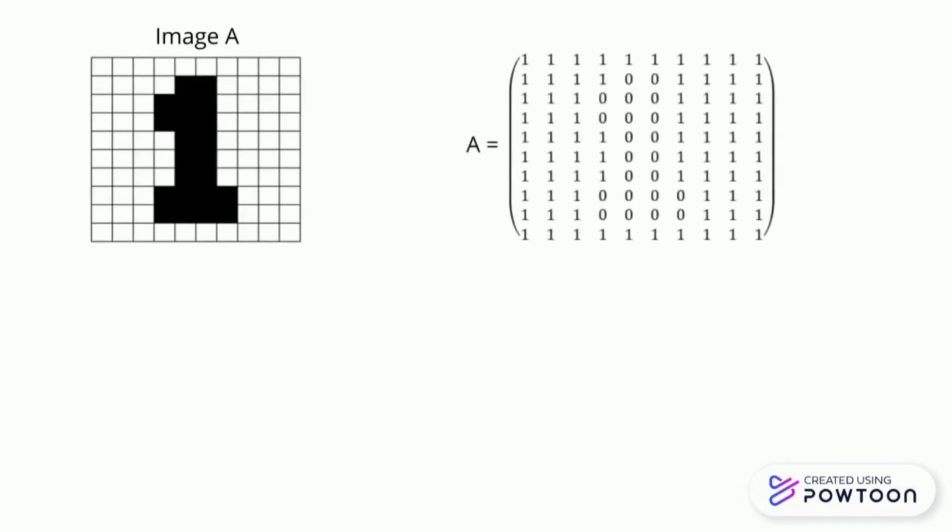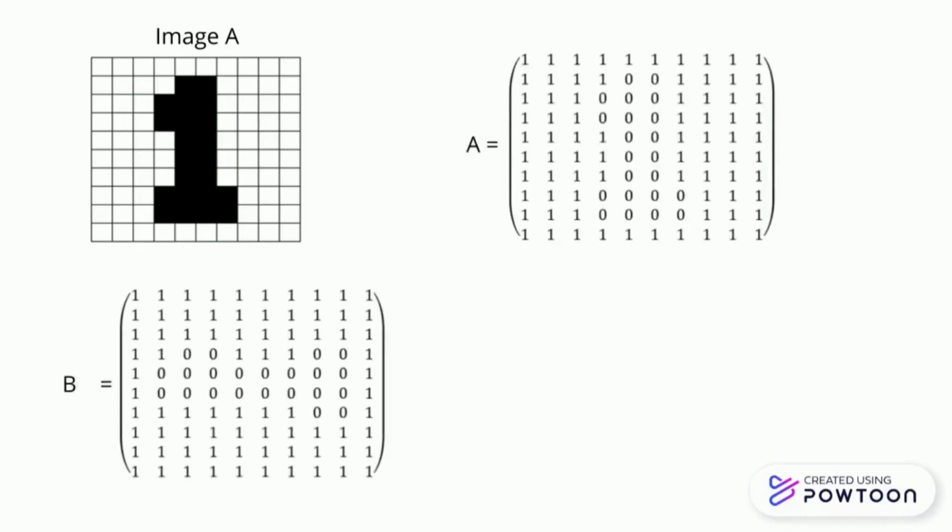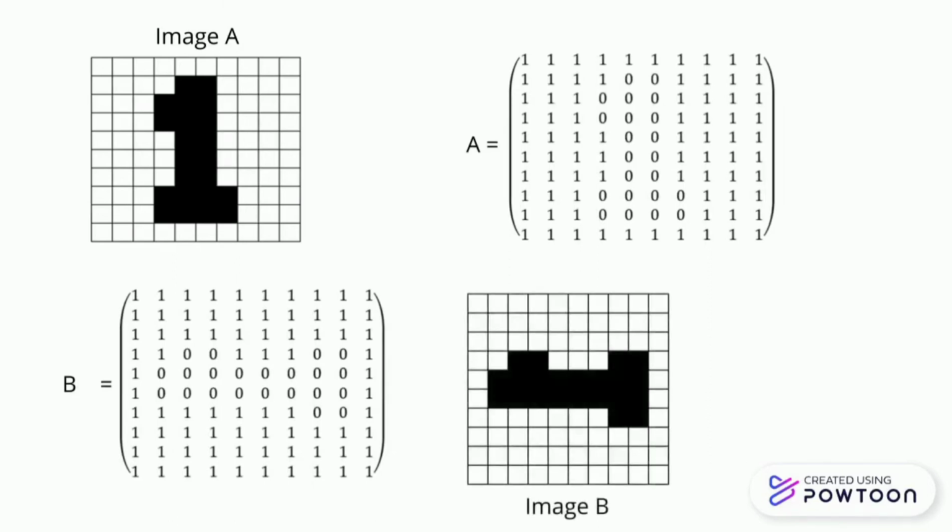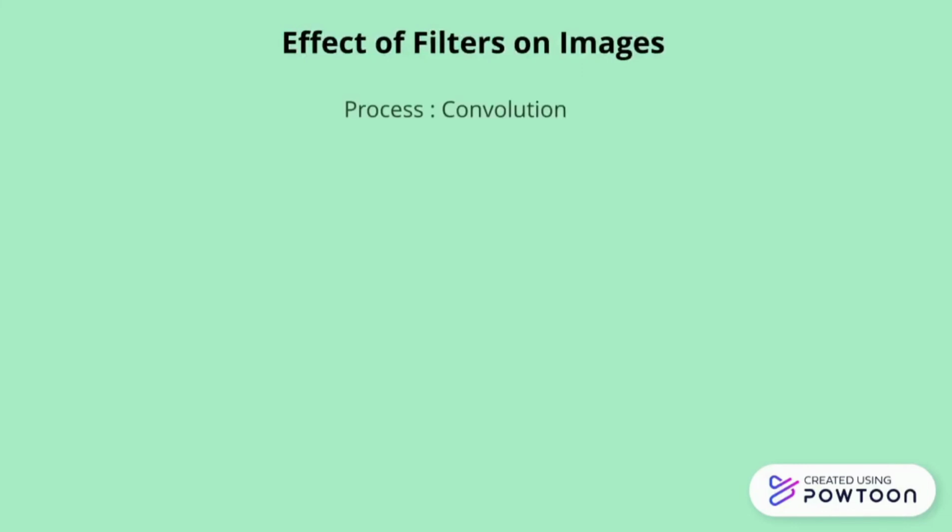Let's say matrix A, and we know that matrix B is the transpose of matrix A, and that image B corresponds to the transpose of matrix A. So, when the representation matrix for image A is transposed, a new image is obtained, that is, image B. Another application of matrices for digital image processing is the effect of filters on images. The process of applying this image effect is also known as image convolution.